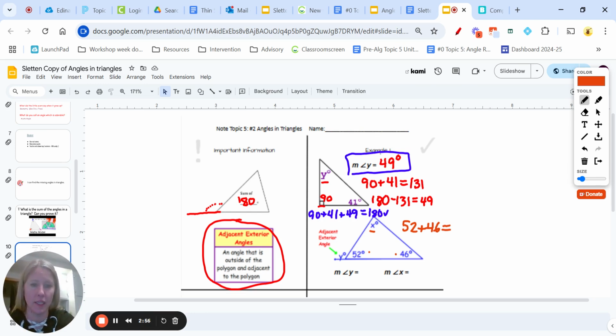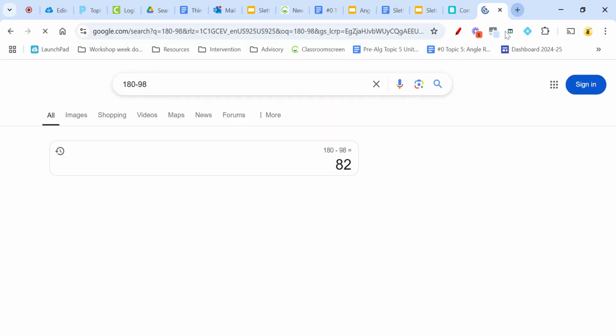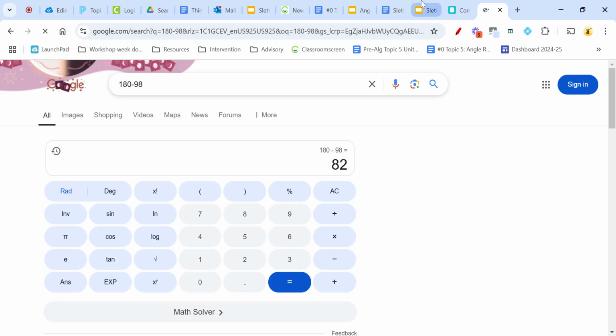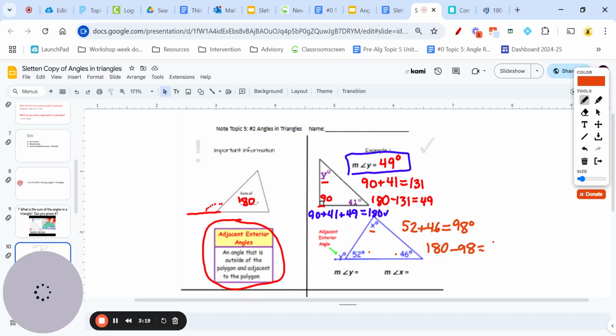So 98 degrees we've used. To figure out what's left over for x, we need to do 180 minus 98 degrees. I could go to my calculator. 180 minus 98 is 82 degrees. So x is 82 degrees.